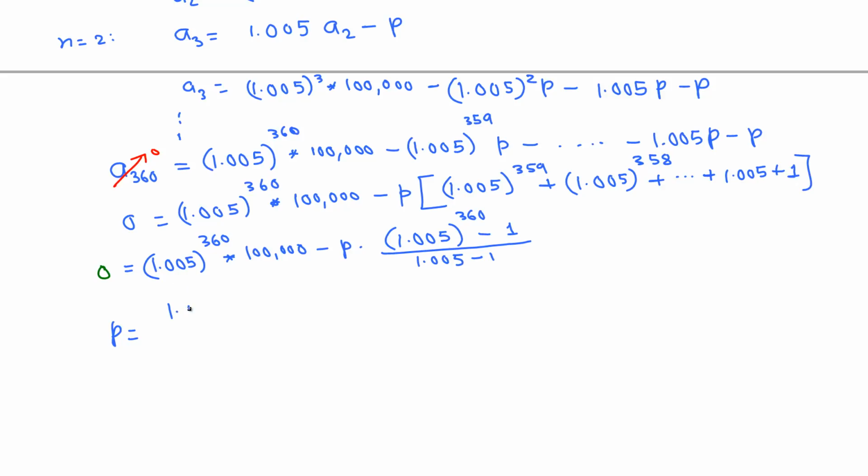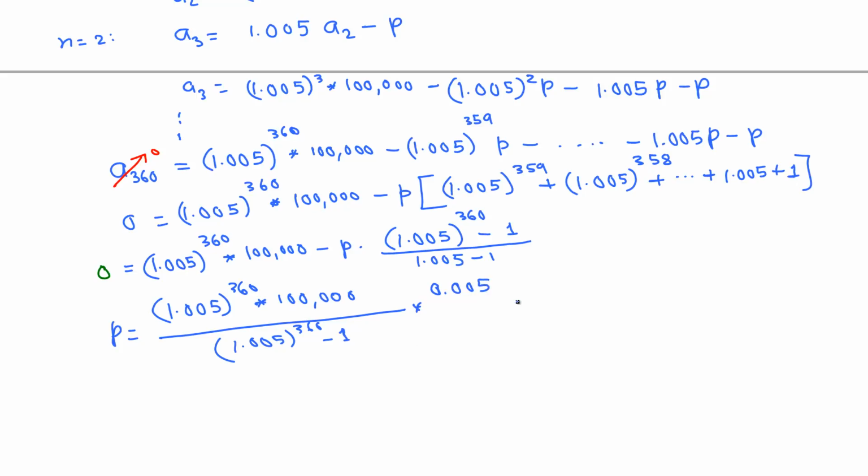So P equals 1.005 raised to 360 times 100,000 divided by this: 1.005 raised to 360 minus 1, all over 1.005 minus 1, just 0.005.